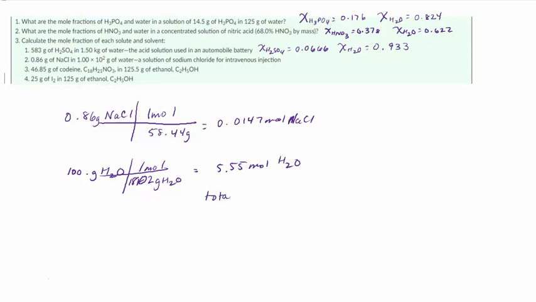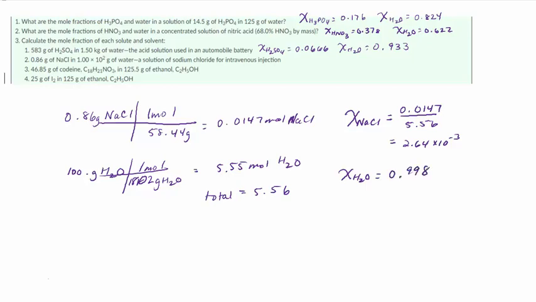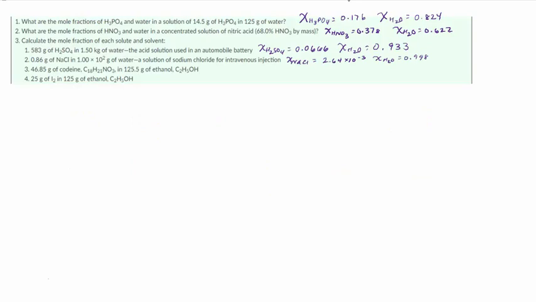I get 5.56. So the mole fraction of sodium chloride is going to be the moles of sodium chloride divided by the total number of moles found, and I get a mole fraction of 2.64 times 10 to the negative third. So this is a mostly water solution, and the water has a mole fraction of 0.998.